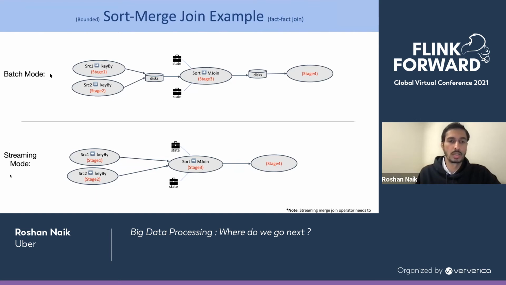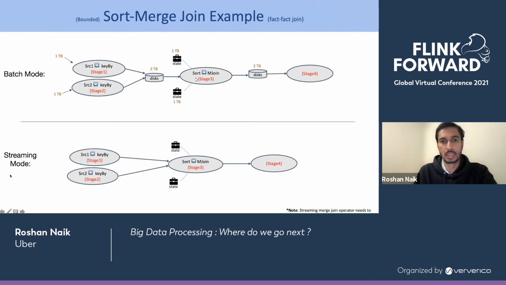In the batch mode, let's say we have this job graph. These are the two sources. Each one is being fed 1 terabyte of data from the fact table. Then it will reshuffle the data and produce 1 terabyte each, totaling up to 2 terabytes. So it's essentially made a repartitioned copy of the input on disk here.